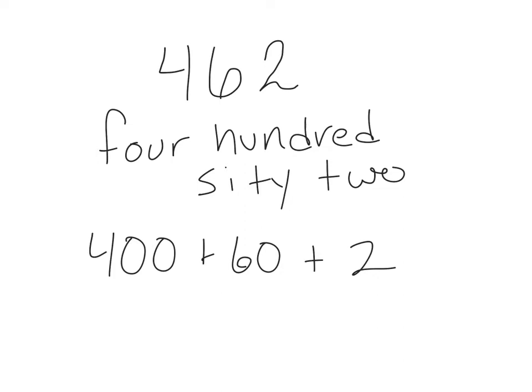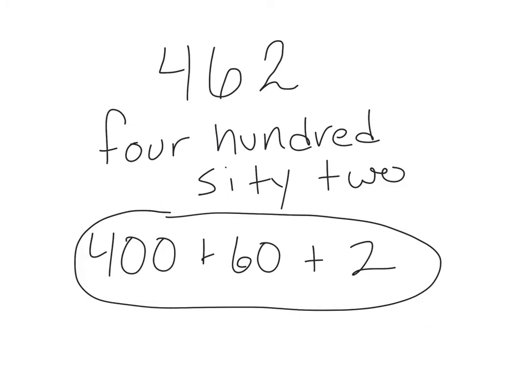Now we're going to focus more on this expanded form and start trying to really understand that each number falls into a place value, that it has its own little group. So when we look at a number, we can think of it in a couple different ways.